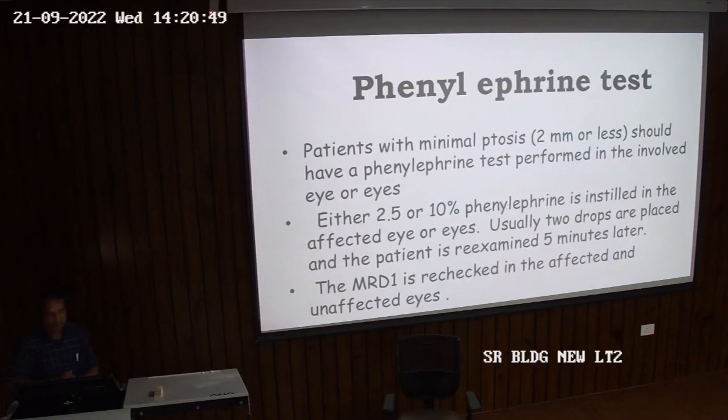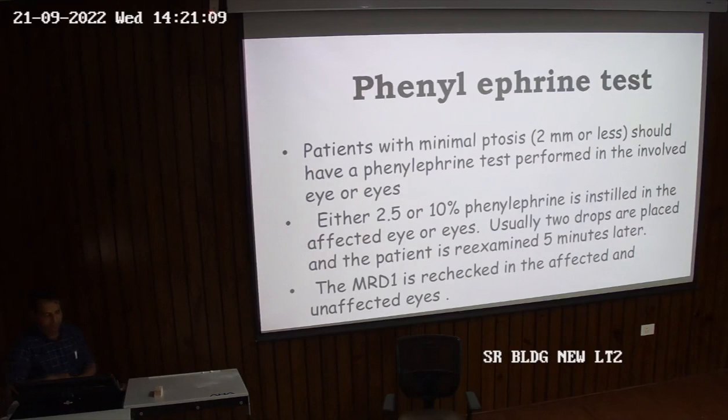There is a phenylephrine test to detect Horner syndrome. A patient with minimal ptosis should have a phenylephrine test performed in the involved eye or eyes. 2.5% or 10% phenylephrine is instilled, 2 drops are placed in the affected eye, and the patient is re-examined after 5 minutes.